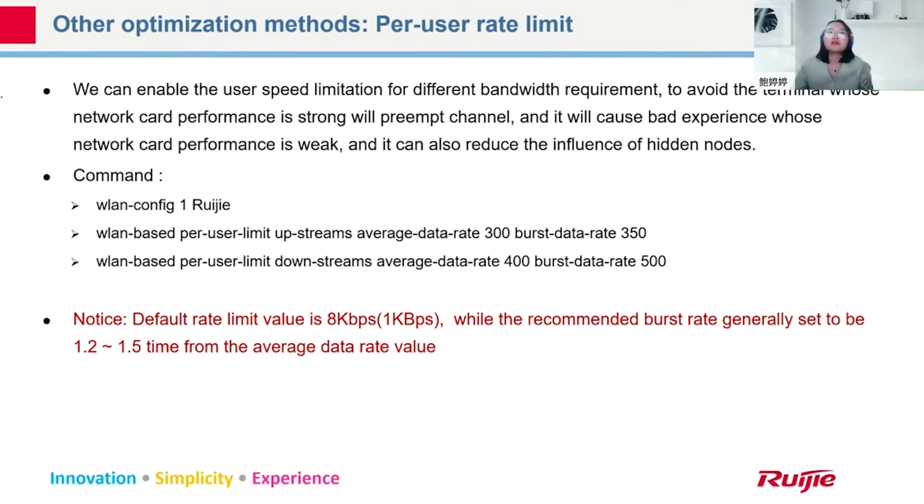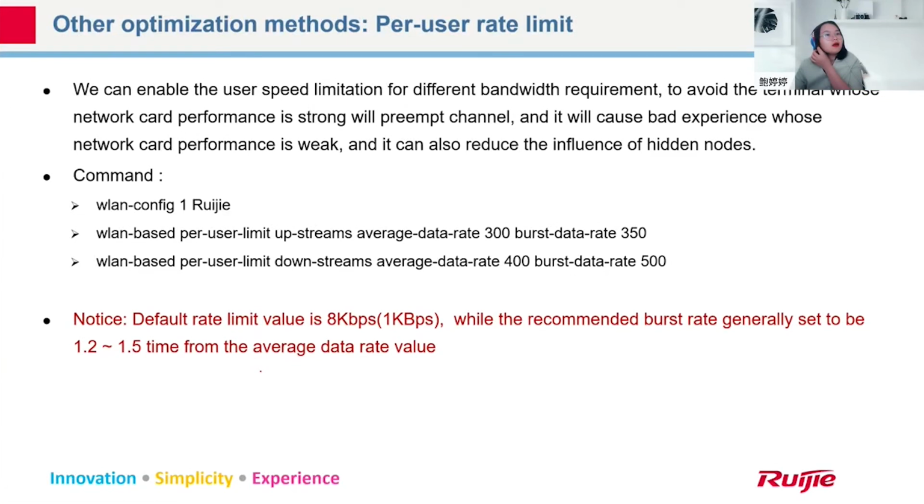And the command is in the configuration of WLAN config 1, and the name is Ruijie. And the WLAN based per user limitation, the upstream average rate is 300. The burst data rate is 350. And the downstream speed, we also can have the limit.